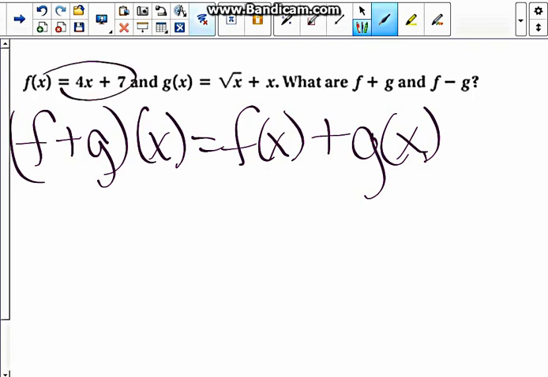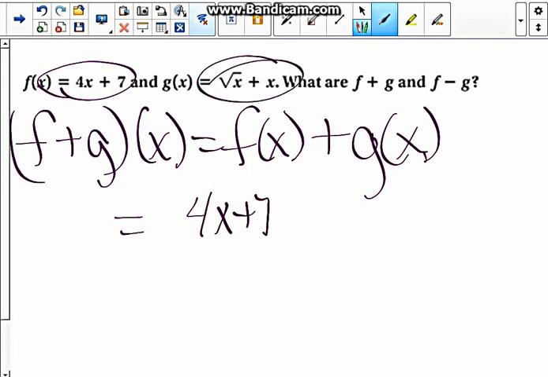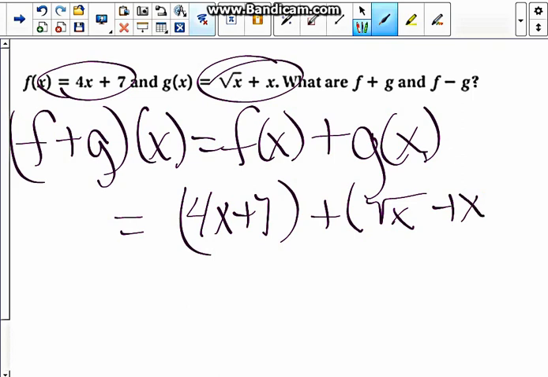And we know f of x here is 4x plus 7, and g of x is equal to radical x plus x. All right, and here there's nothing to do but add all these individual terms.